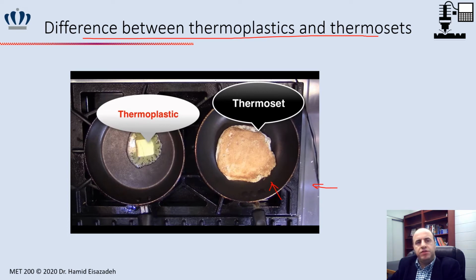But thermoplastic is like butter. You can reheat, and then cool it down, and then it gets a different shape. It may degrade after several years. So this is a characteristic of thermoplastic. The main difference between thermoplastic and thermoset is that you cannot reheat the thermoset, but with the thermoplastic we can.